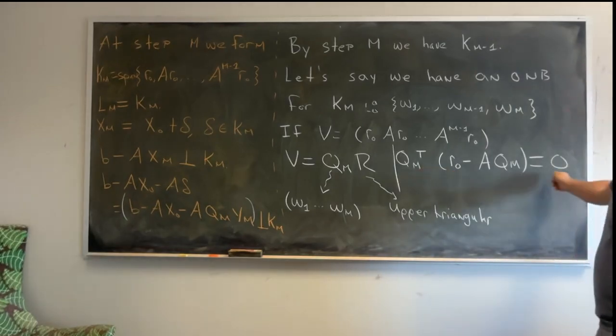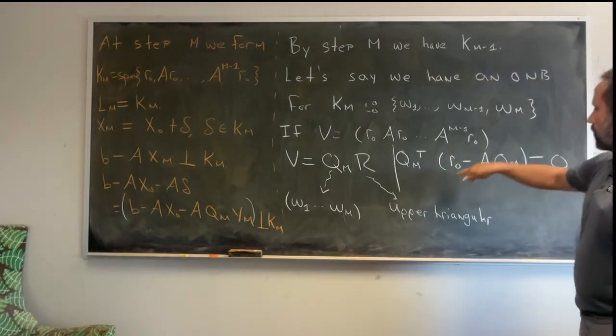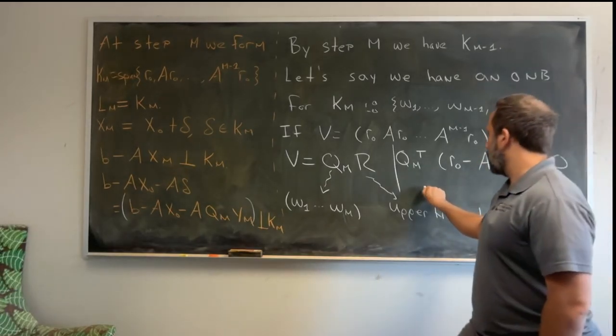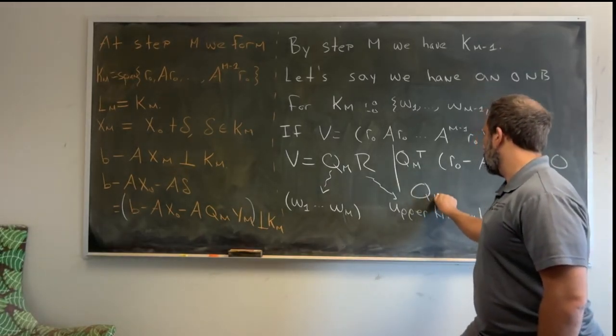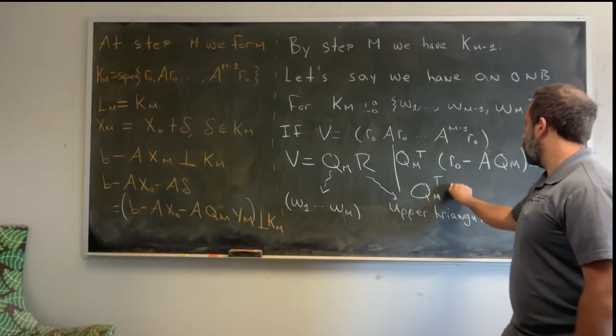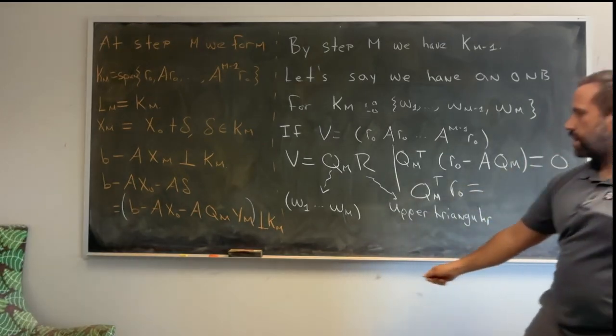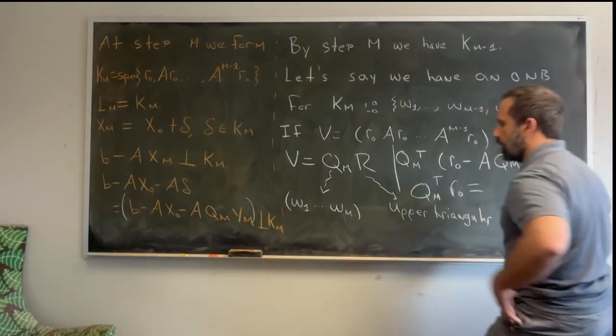If we distribute the Qm transpose and keep the Qm transpose r naught over here and move everything else over there, we're going to get Qm transpose r naught is equal to, there's a Ym here that I did not put here.